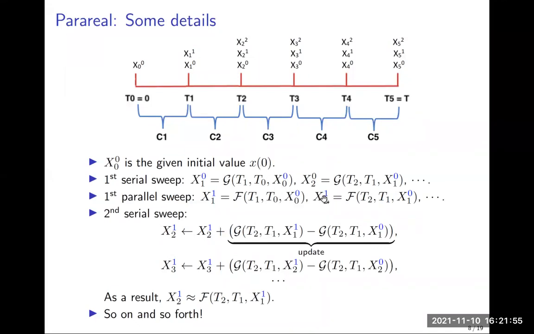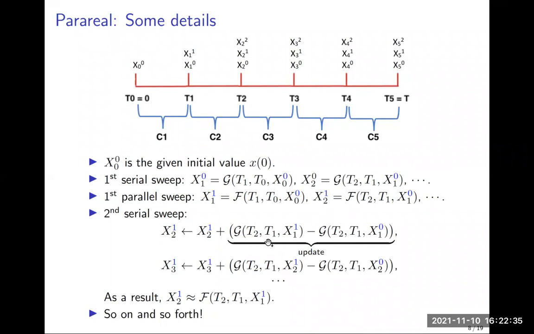Remember, we calculate this value here based on the initial guess obtained using the coarse solver, right? So, but at this point, we also realize that, oh, I was using x10, which is the older initial guess, but now I actually have x11. So naturally we thought, well, what if we use x11 instead here? Since the initial guess is more accurate, our result is going to be more accurate as well.